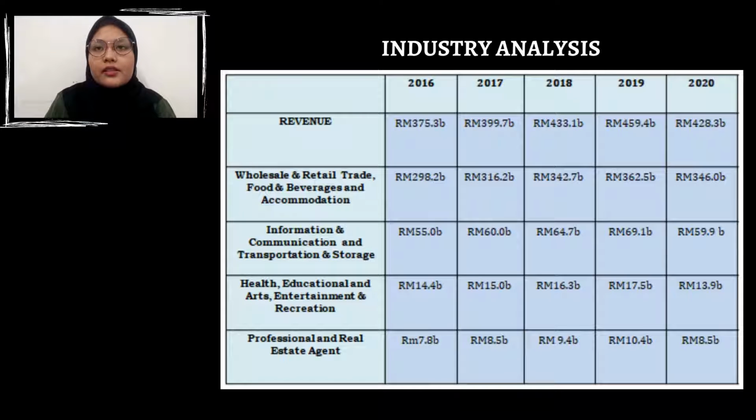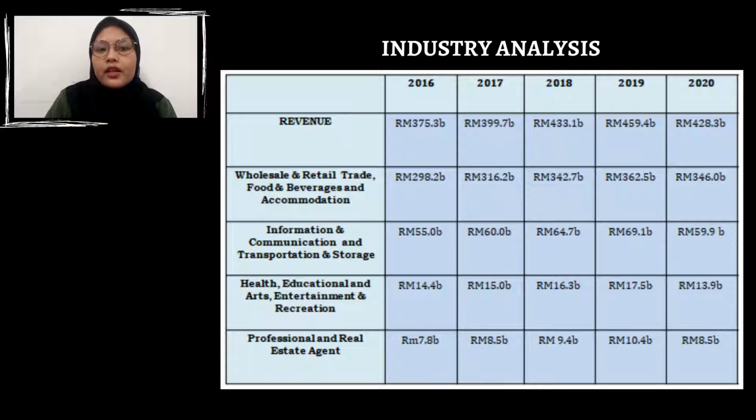For 2016, the total revenue of the service sector is 375.3 billion ringgit. It increased by 8.3% compared to the previous year. The contribution to the revenue of the service sector from wholesale and retail trade, food and beverage and accommodation is 298.2 billion ringgit.